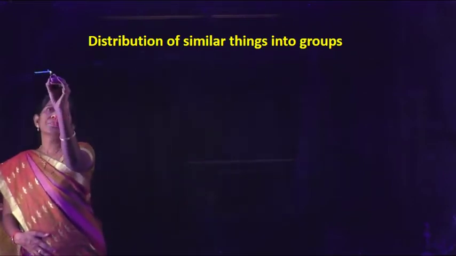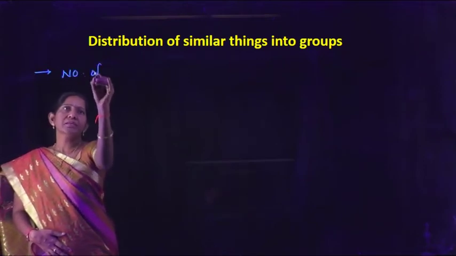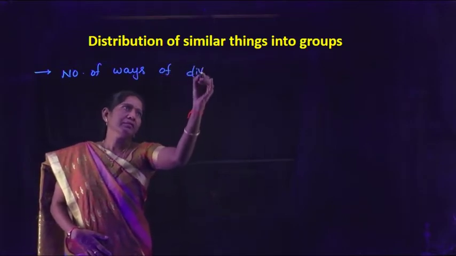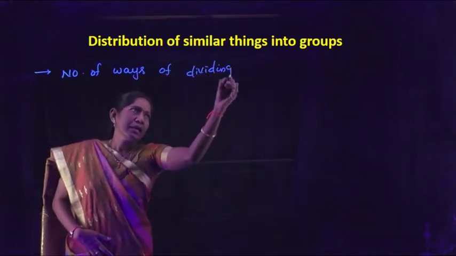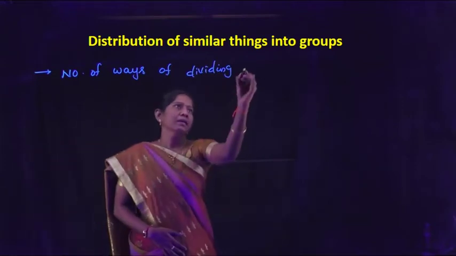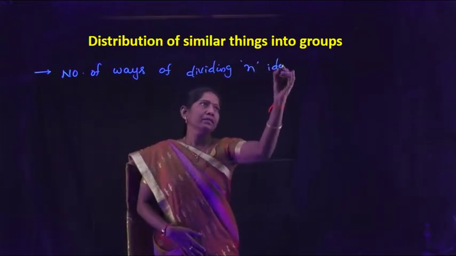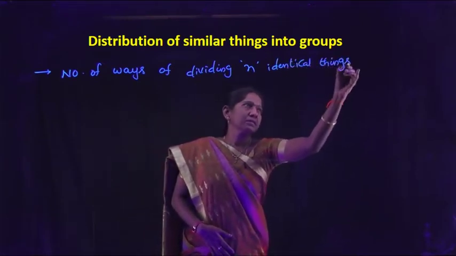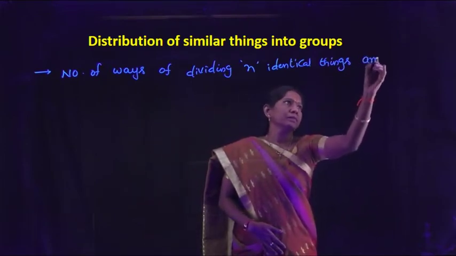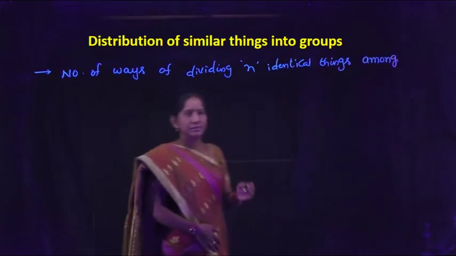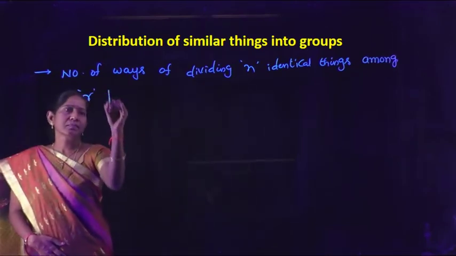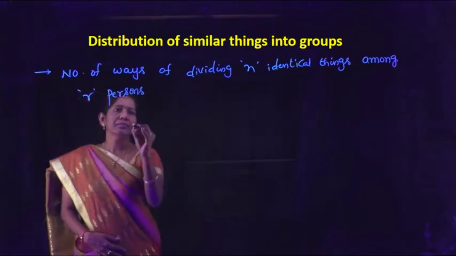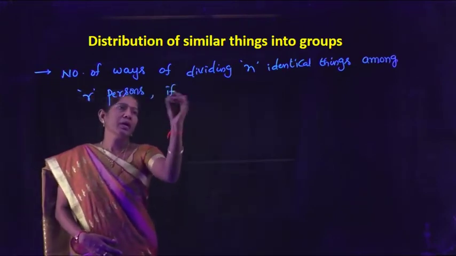Come to the next concept, distribution of similar things into groups. Number of ways of dividing n identical things among r persons, including blank groups also allowed.